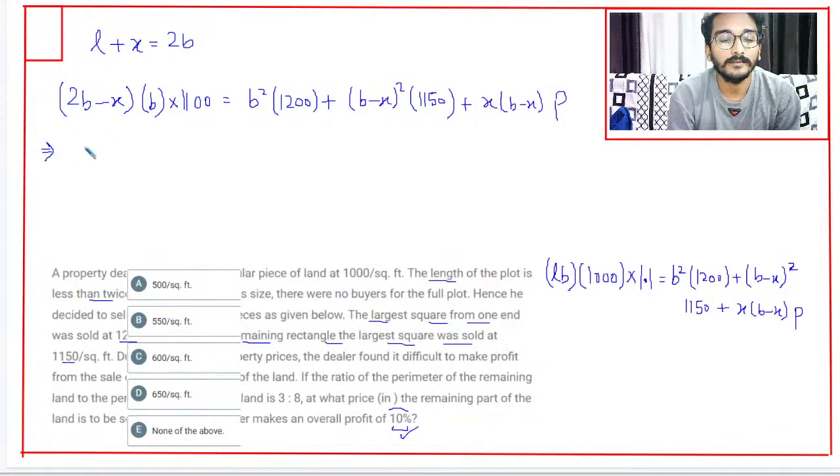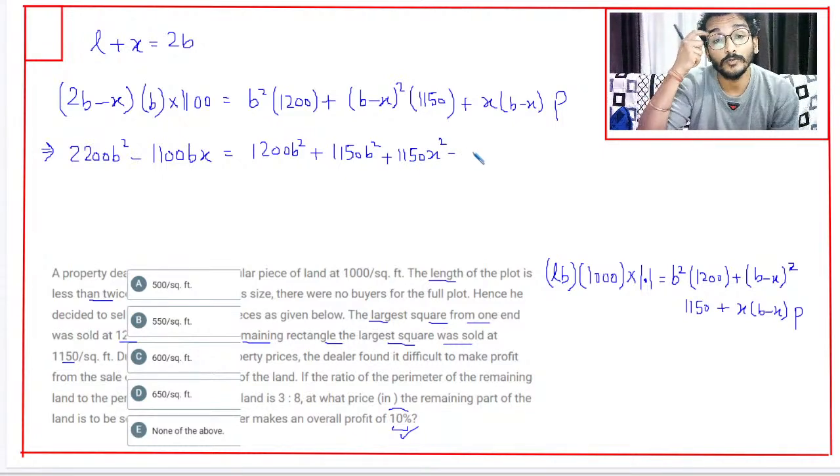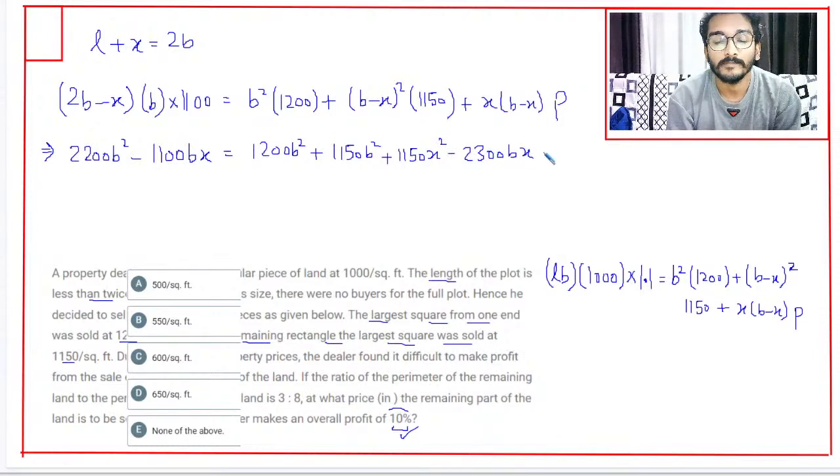So it is 2200 b square minus 1100 bx. Okay, let's just do it this way. 1200 b square plus 1150 b square plus 1150 x square minus 2bx. 2 times of this is 2300. Plus this parameter, whatever it is.